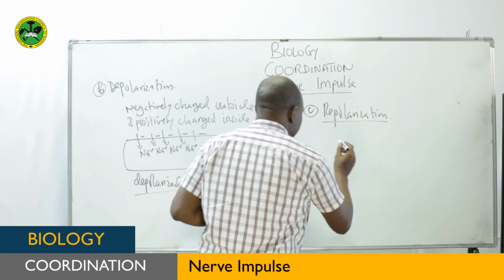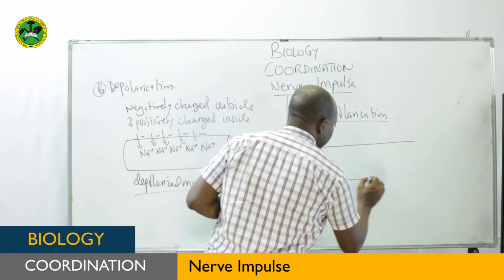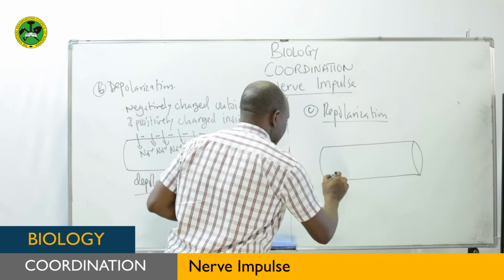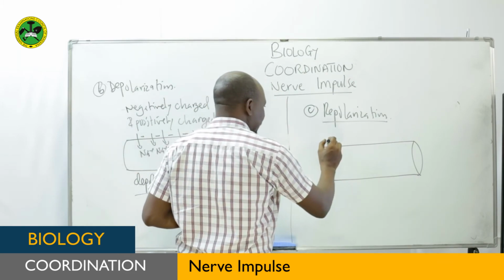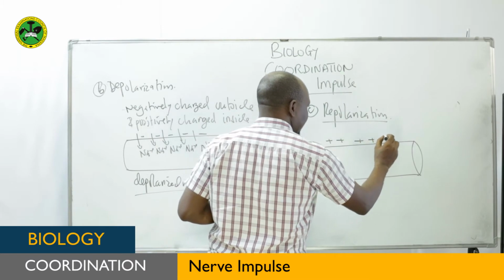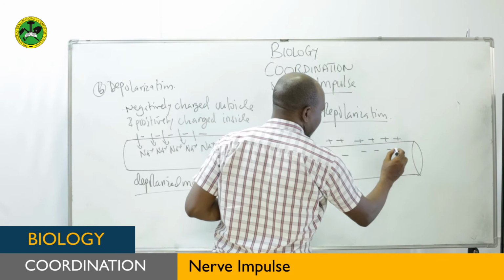So during this situation, the axon membrane is described as positively charged outside and negatively charged inside.